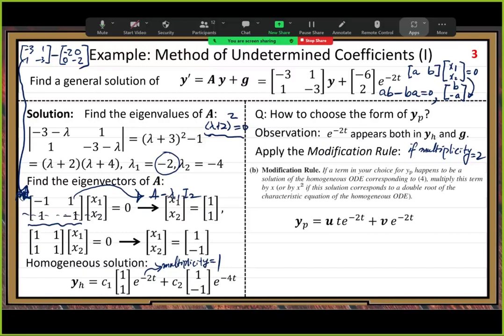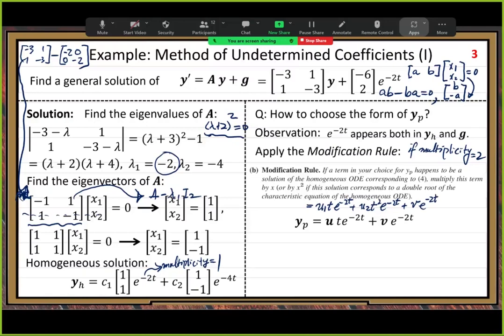So we write YP equals U1 T e to the, plus U2, U1 we still keep that T, U2 T squared, plus V.